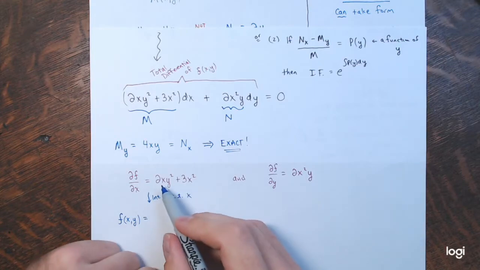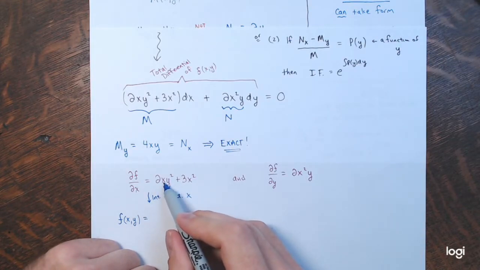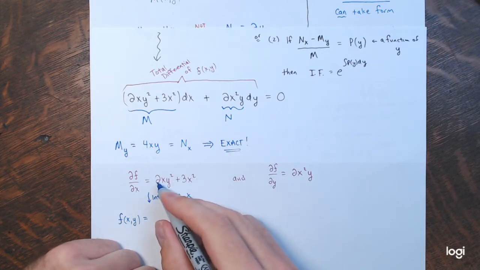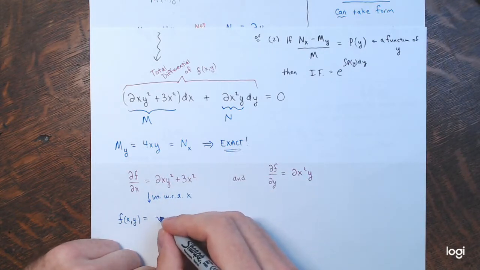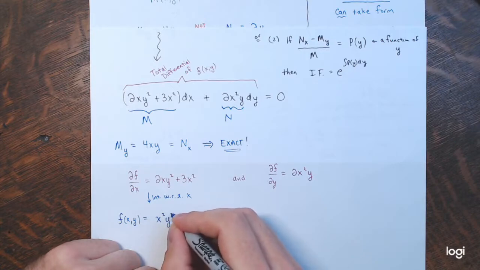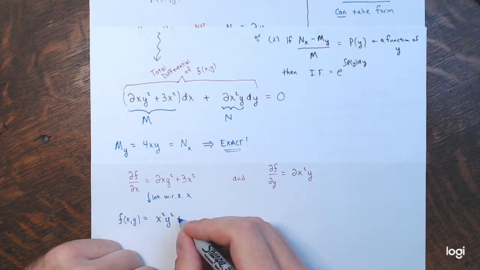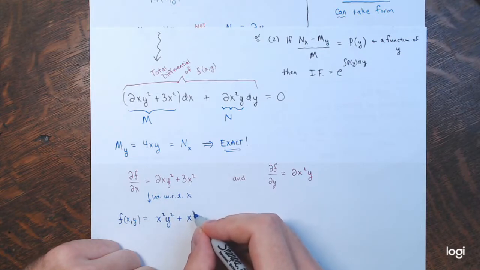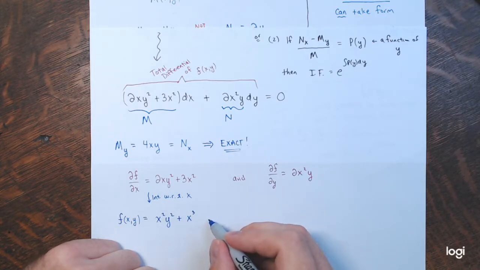So 2y squared is a constant here, and the integral of x is half x squared, and cancel the 2. So this is just x squared y squared for the first term, plus x cubed for the second term, and then plus some constant.